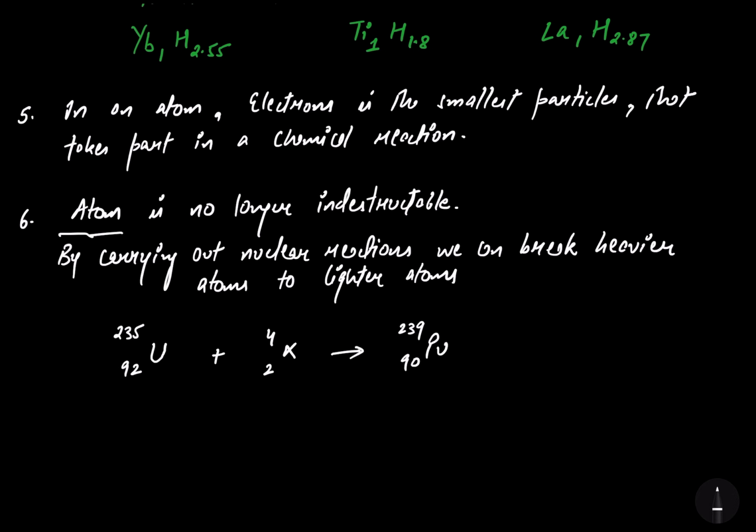So that means the heavier atom, which is uranium, is broken down by the nuclear reaction. What does nuclear reaction stand for? Where electrons are not involved, where the protons and neutrons which are present in the nucleus are involved. So uranium is broken down to plutonium, where the atomic number comes out to be 90. So this is the process of conversion of element. So in chemistry, the process of interconversion of elements through changes in atomic nuclei is called transmutation.